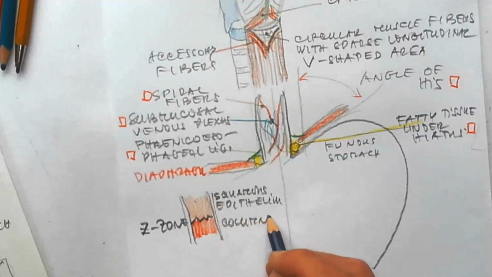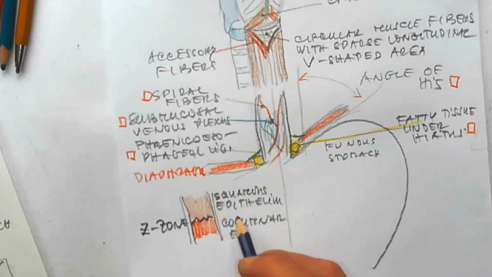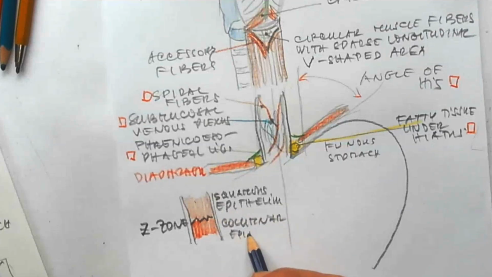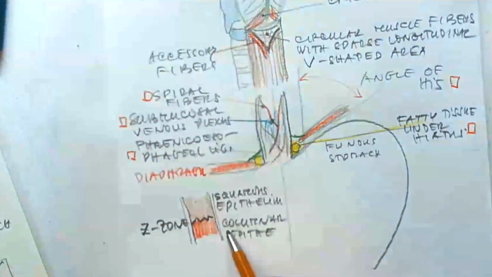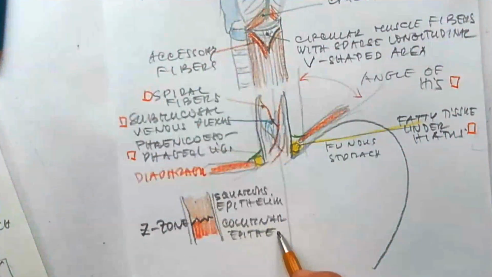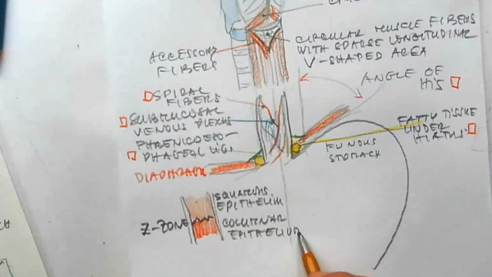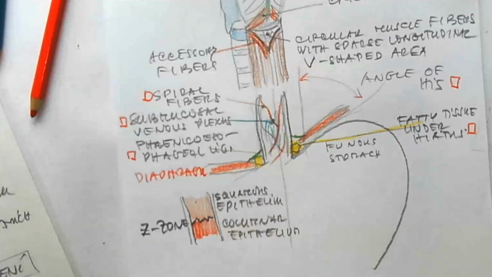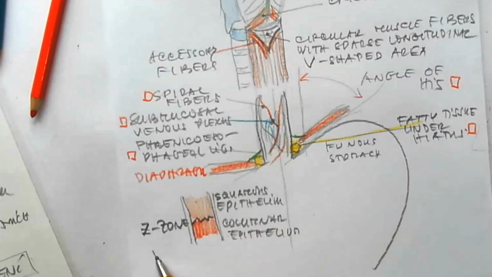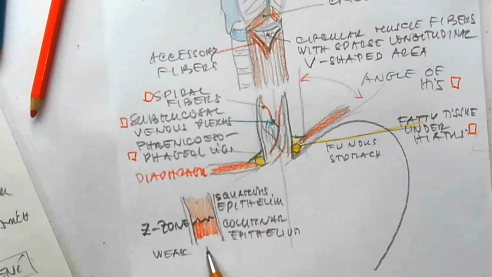So there is a different epithelium, and this zone epithelium is an important place for many defects. Even carcinomas can appear. So I would say it is a possible weak point.